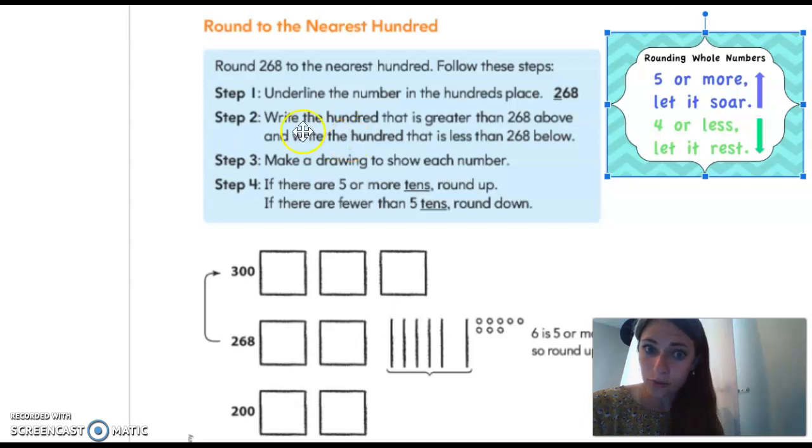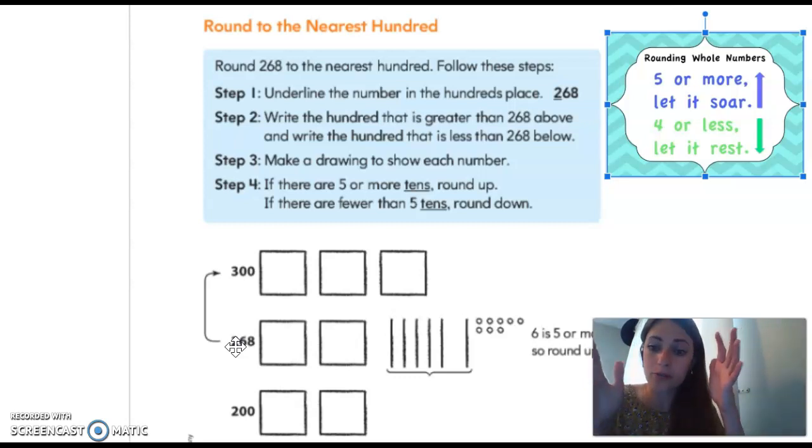Okay, step 2, write the 100 that is greater than 268 above, and write the 100 that is less than 268 below. So if I look here, I wrote 300, okay? So that is the 100 that is above 268. If I were to put it on a number line like you saw in the BrainPop Junior video, 268 is right in between 200 and 300.